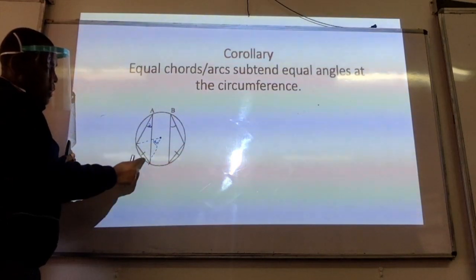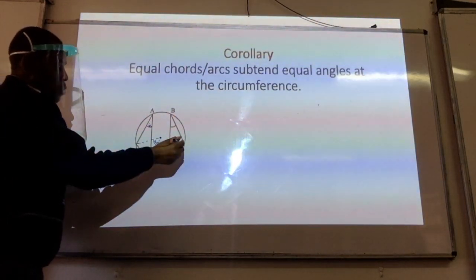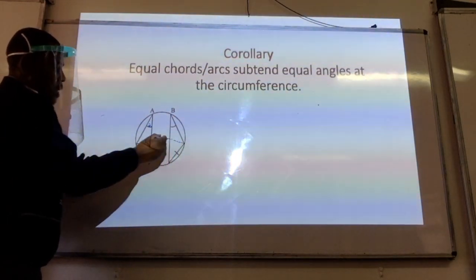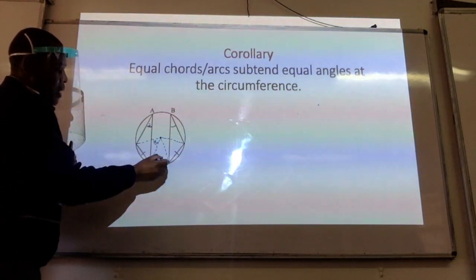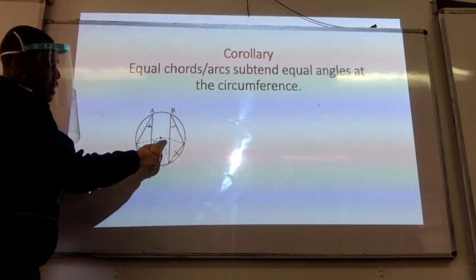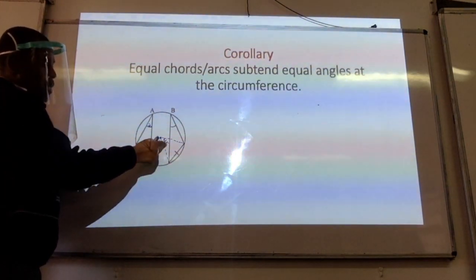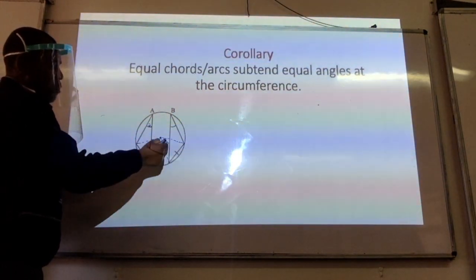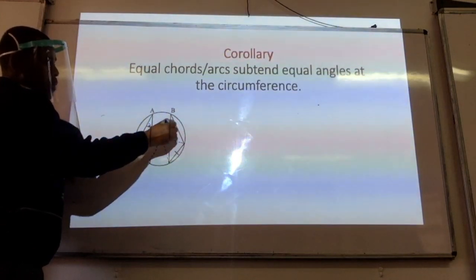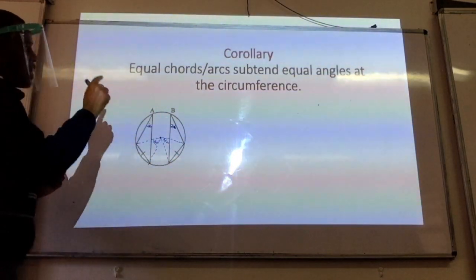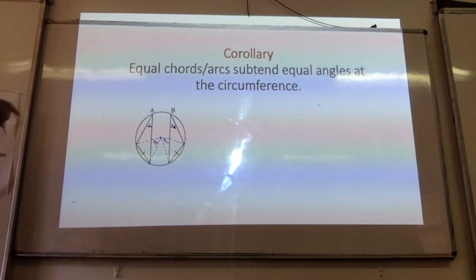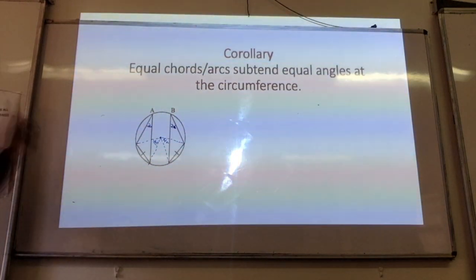Now, if this chord is the same length as that chord, so if I draw an angle at the center subtended by this same chord, do you think this angle will be different from this one? This angle will be the same, right? So this angle will be 40 as well. So if this angle is 40, then what is that for? That angle there is 20. So we are saying equal chords or equal arcs should subtend equal angles at the circumference, right?